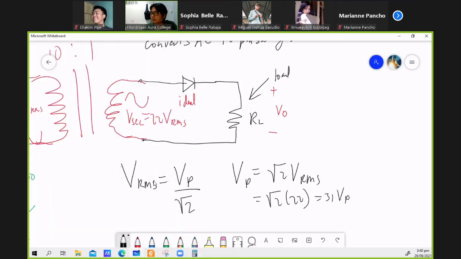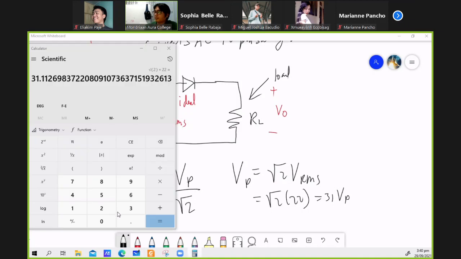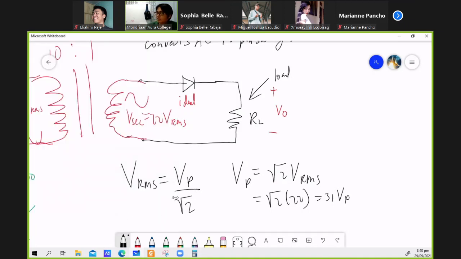Okay. 31.11. So, this is your peak voltage sa positive half cycle. Sa negative half cycle naman, it's negative 31.11 volts peak. Ang peak to peak natin is just twice the value of this one. So roughly around, let's say, 62.22 volts peak to peak.